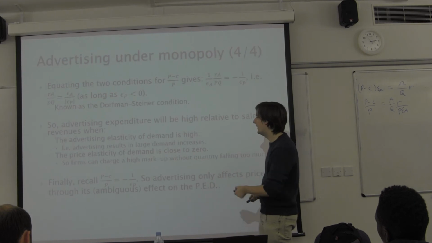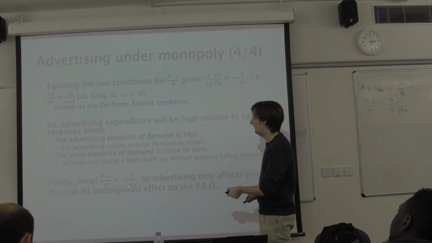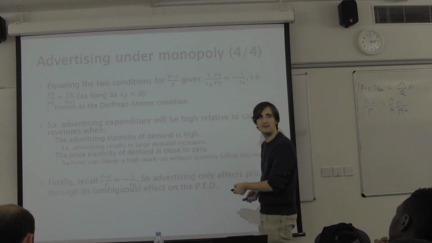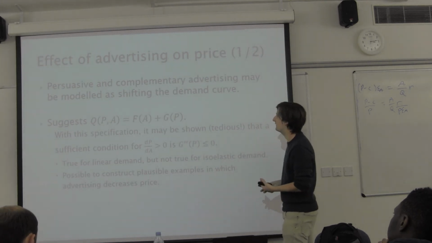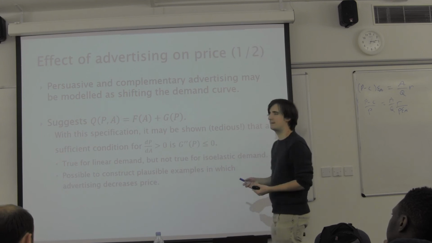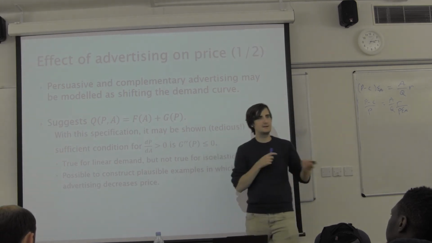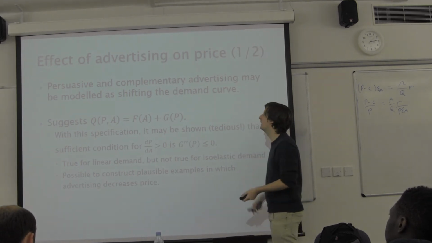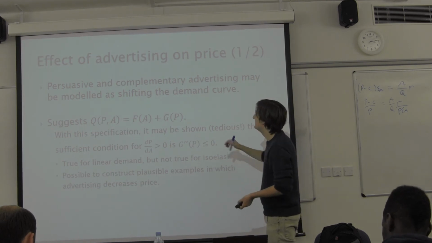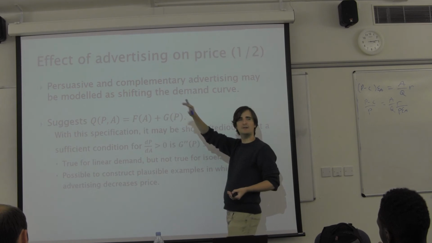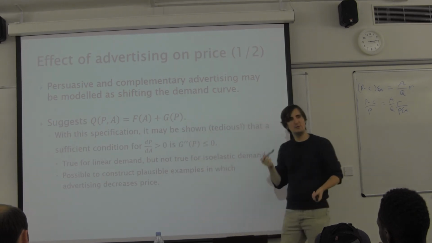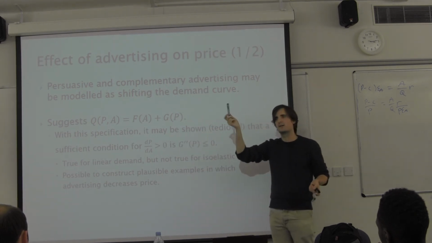So what we want to know is what the effect of advertising on this price elasticity of demand is going to be, and that's what we're looking at in the next few slides. Let's think again about these different views of advertising that we started with. You can think of the persuasive and the complementary views as shifting the demand curve. Once you see the advert, you just demand more of a product.